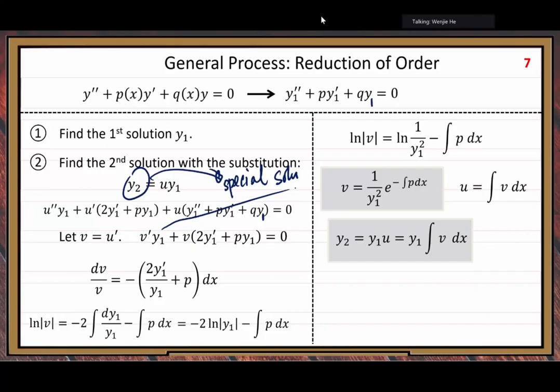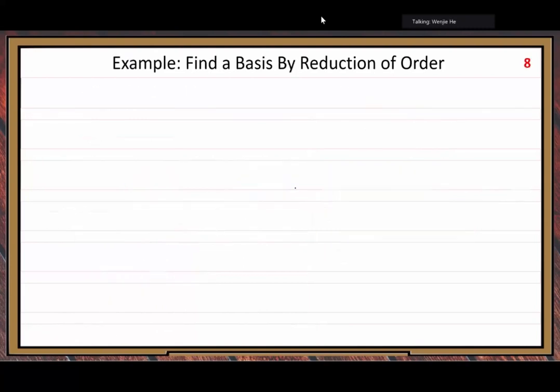When we calculate y1, y2 in this way, how do we know they are linearly independent? We need to prove it. The y1, y2 calculated in this way must be linearly independent. So we need to do that.